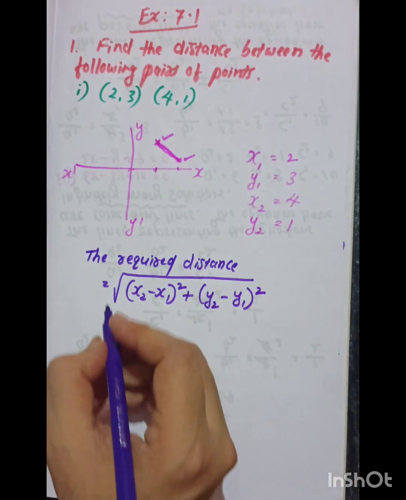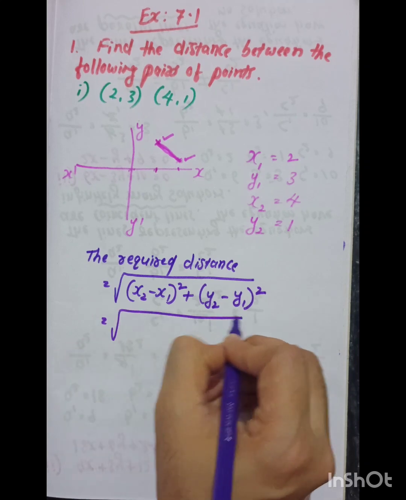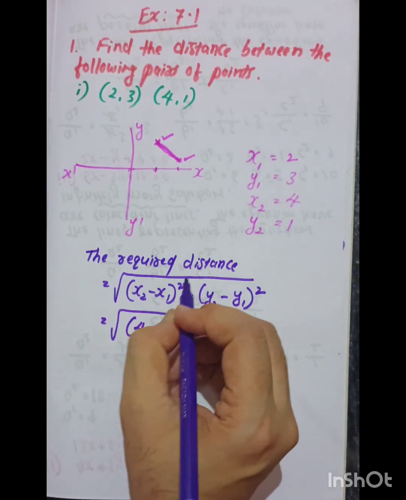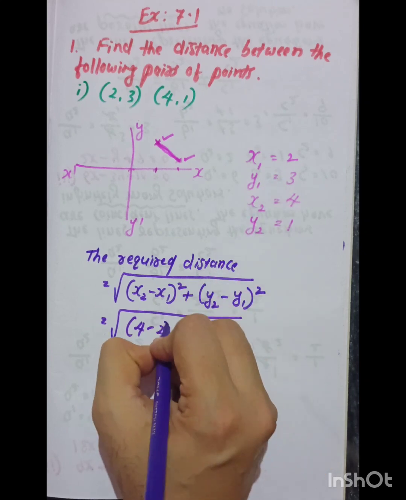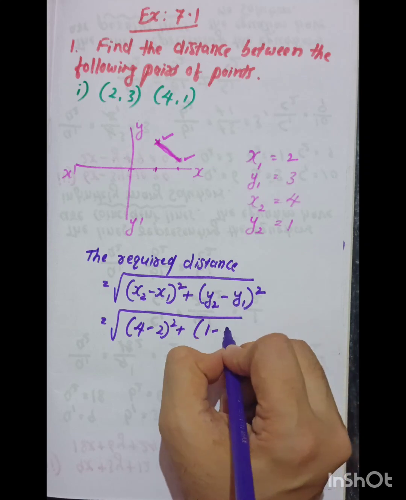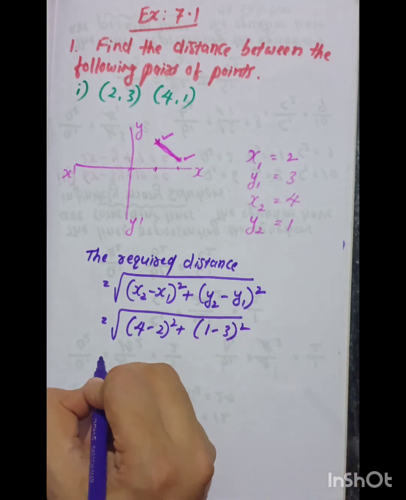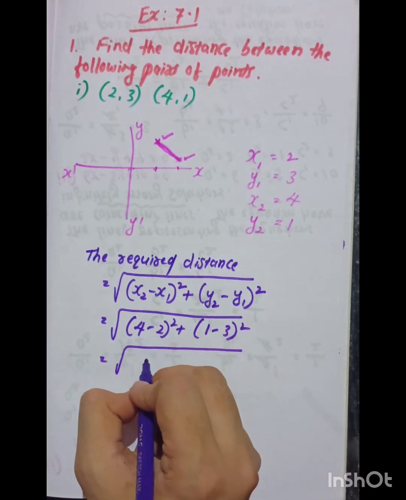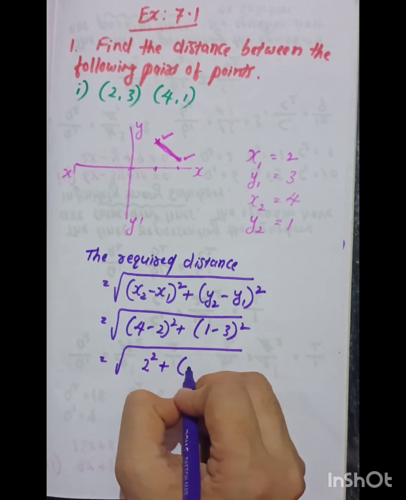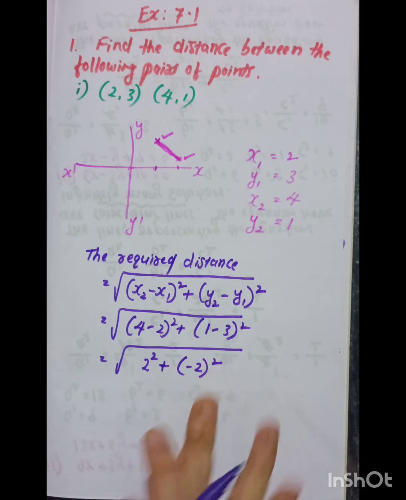Just substitute the values now. Root of, what is x2? 4, minus what is x1? 2, whole square, plus what is y2? 1, minus what is y1? 3, whole square. Equals root of (4 minus 2) square plus (1 minus 3), that is minus 2, whole square.